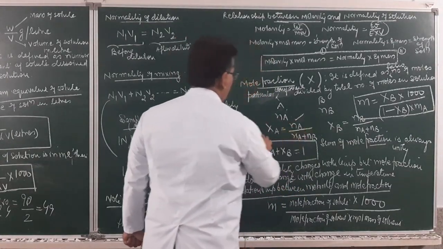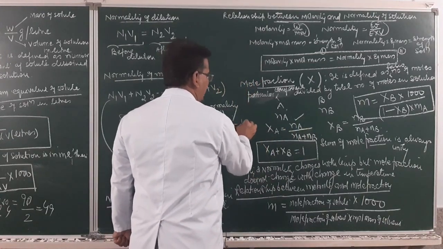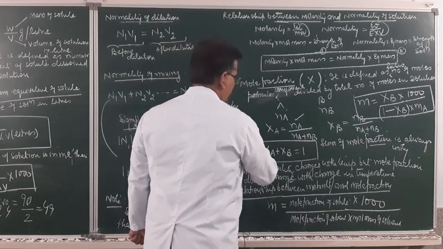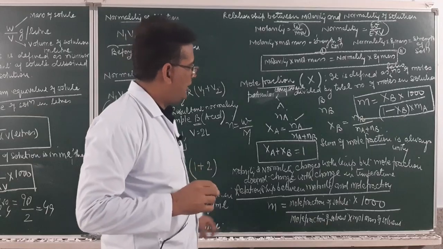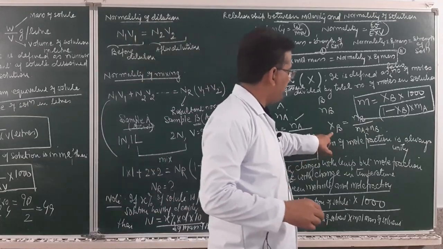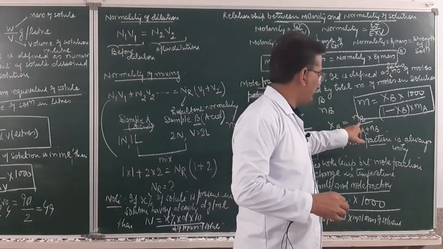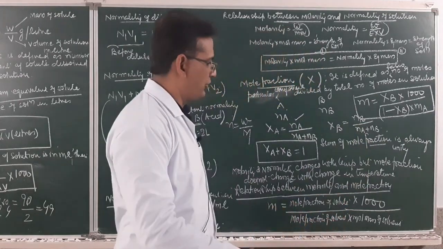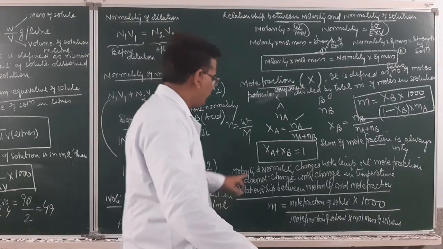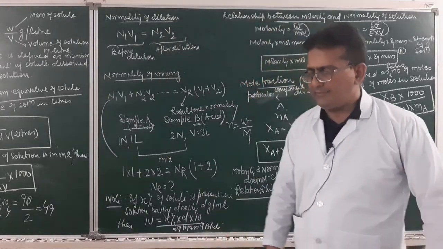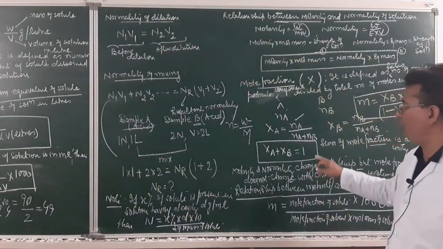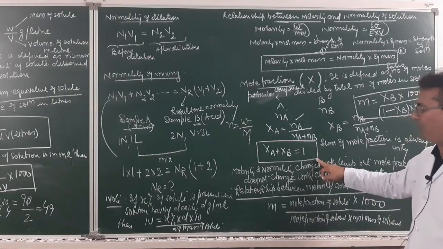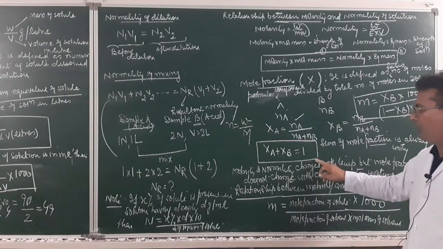Number of moles, we all know, is given by the formula given mass upon molecular mass. So this can also be used. Similarly, the mole fraction of component B will be equal to the number of moles of component B divided by the number of moles of component A and component B. Sum of mole fraction is always and always equal to unity. So XA plus XB will be equal to 1.